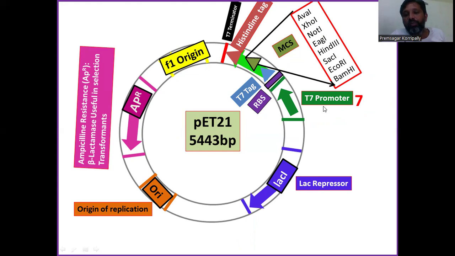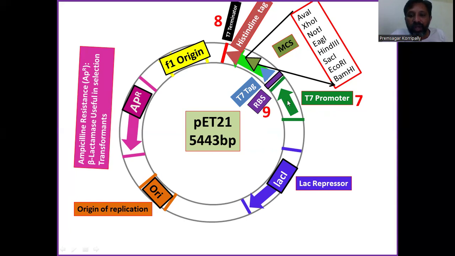That is a T7 promoter. That's a strong promoter, with T7 RNA polymerase driving the T7 promoter to express your cloned gene. And the terminator, as I told you, to stop transcription there itself, a strong terminator is there. And the ribosome binding site. I told you that the ribosome binding site is very, very useful, and that is required for the initiation of translation.